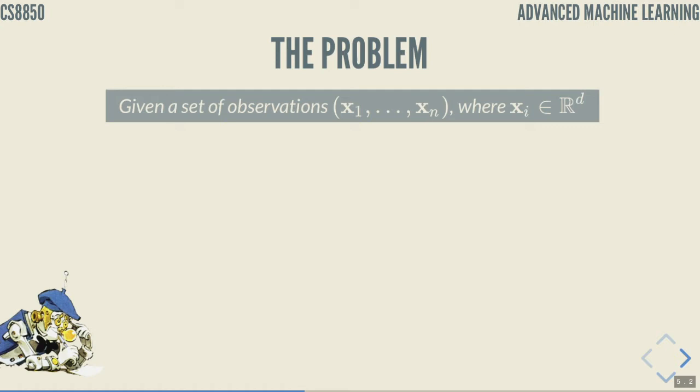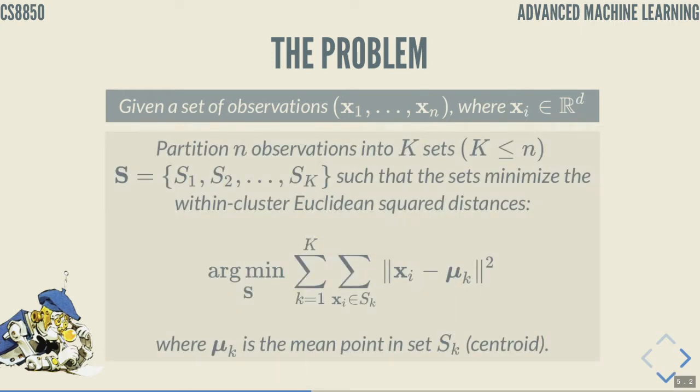Given a set of observations, x1 through xn, where xi is a d-dimensional real vector, so we're in Euclidean space, the problem is we want to partition all of those n observations into k clusters such that k is less than or equal to n, so there are enough samples to be put into clusters.